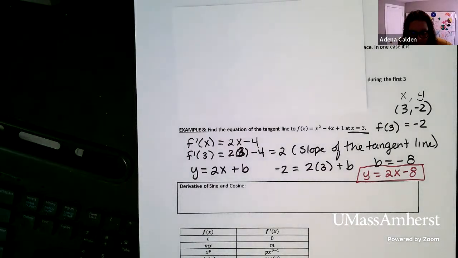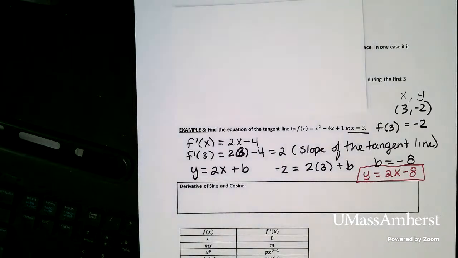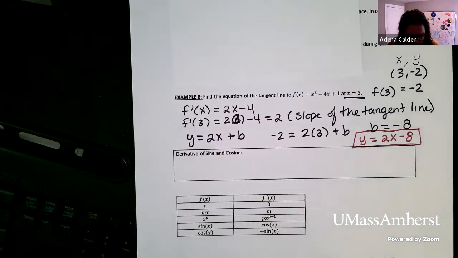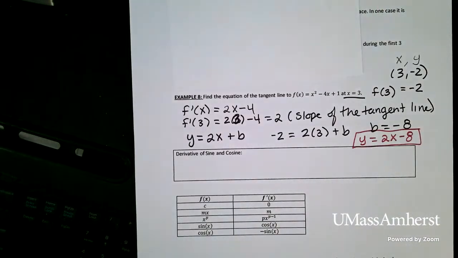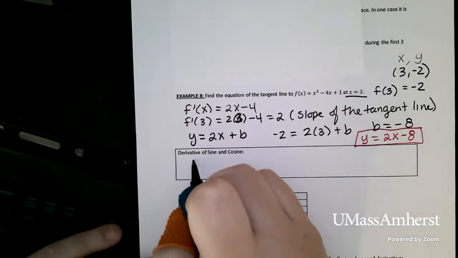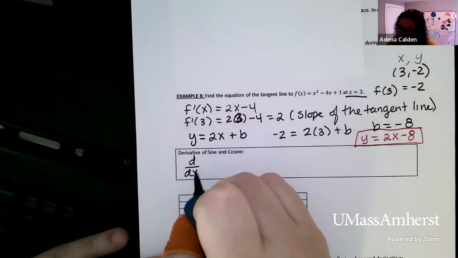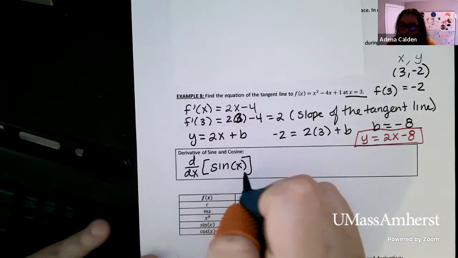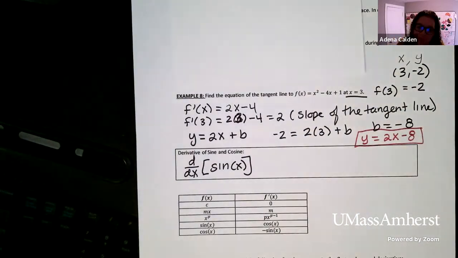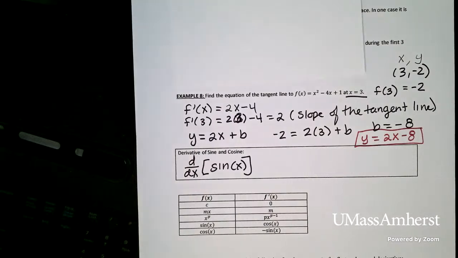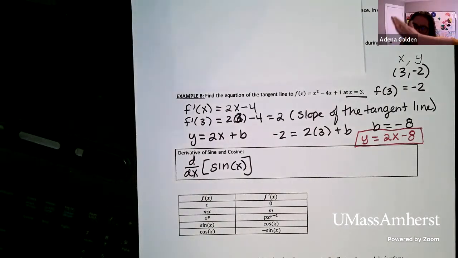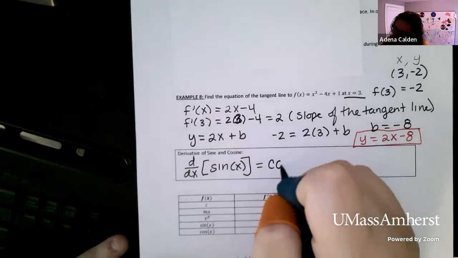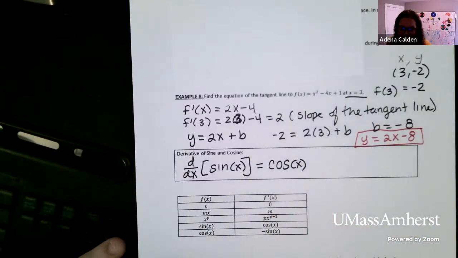Now, the last thing I want to make sure that you know before you leave today is the derivative of sine and cosine. So this gets added on in the section. It gets used throughout chapter 3. So these are related. When you take the derivative of the sine function, if you use the limit formula that we saw earlier, and you look at all the different points for the derivative function, it turns out that the derivative of sine is cosine, right?